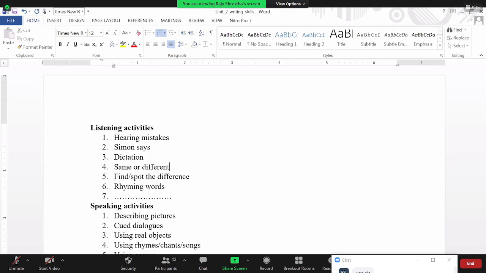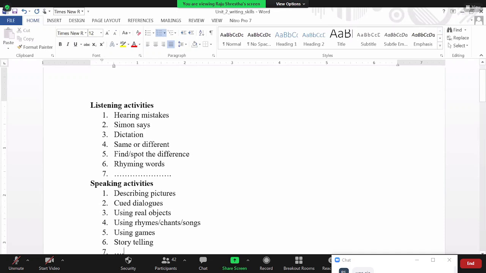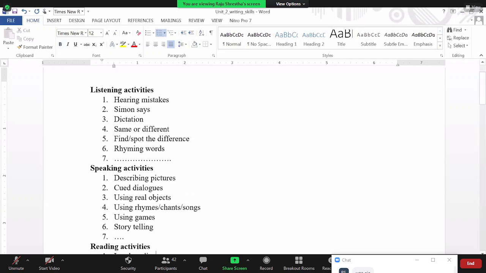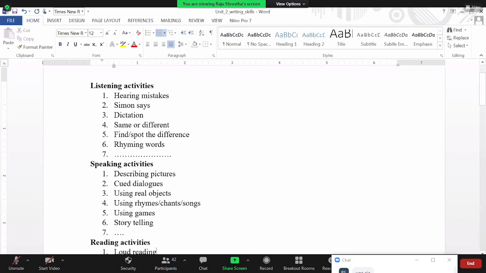How do you conduct, right? How do you use these activities in the classroom? Speaking activities, in our previous classes also, we directly, indirectly talked about these activities, like describing pictures, cue dialogues, using real objects, rhymes, song chants, using games, storytelling, etc. These are some activities we can use while teaching speaking to the students.